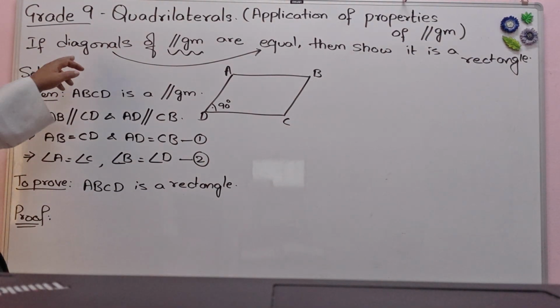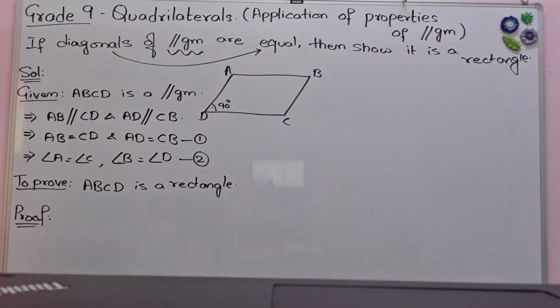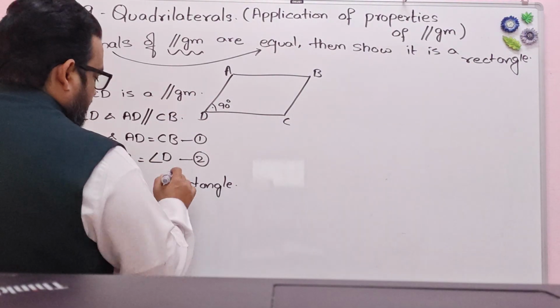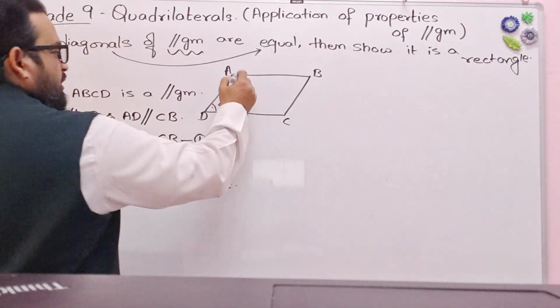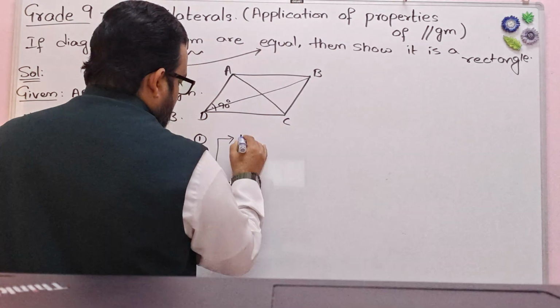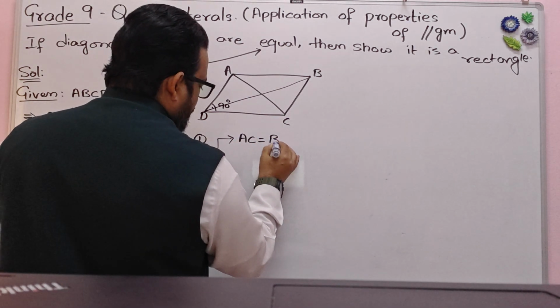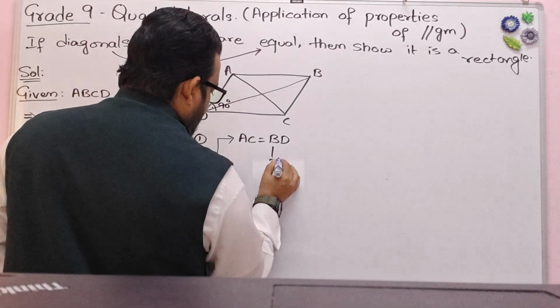And also here, what is given? Diagonals of parallelogram are equal. So here I missed one point. The point is that diagonals are equal. That means AC is equal to BD. So it is given AC is equal to BD. Let us take this as equation 3.